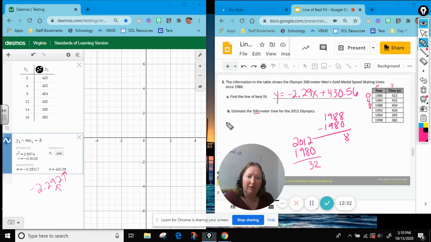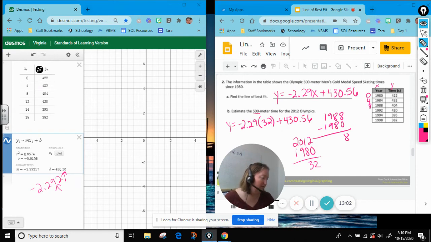So I have Y is equal to negative 2.29 times 32. Okay, remember the 32, where did I get that from? Okay, 0 year was 1980. So to figure out for 2012, I had to subtract 1980 from 2012. How many years will that have been past 1980, my 0 year? 32. Okay, plus 430.56.